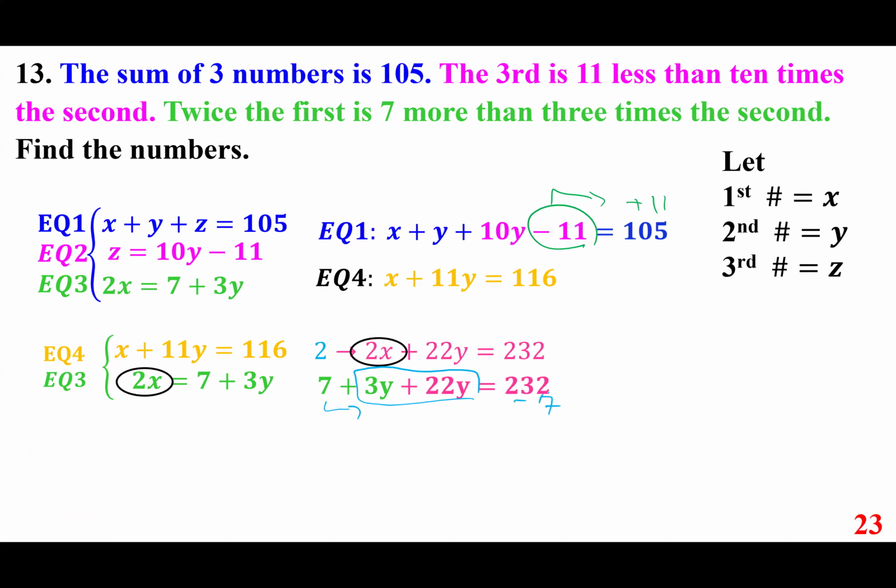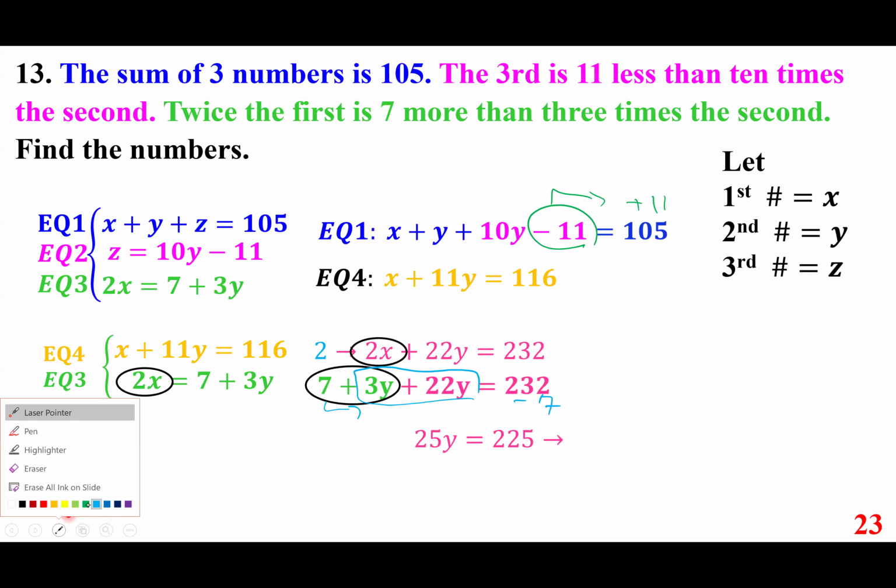This side subtract 7, 225. So that's the same 2x, everybody. Just want to mention that. Divide by 25. Y becomes 9.